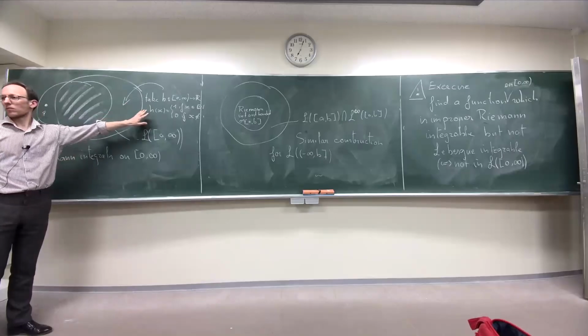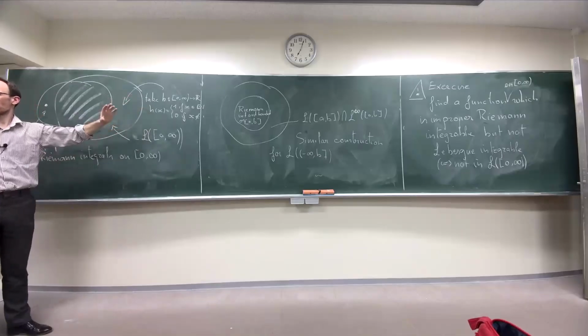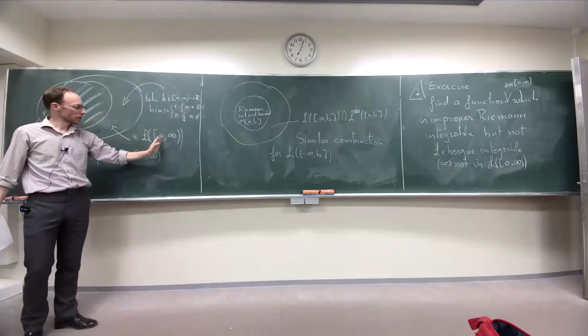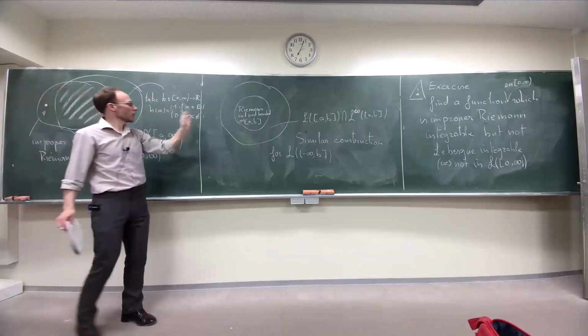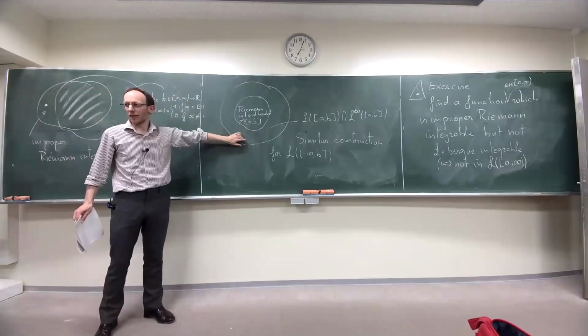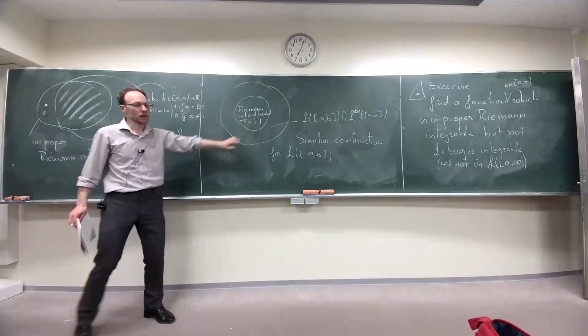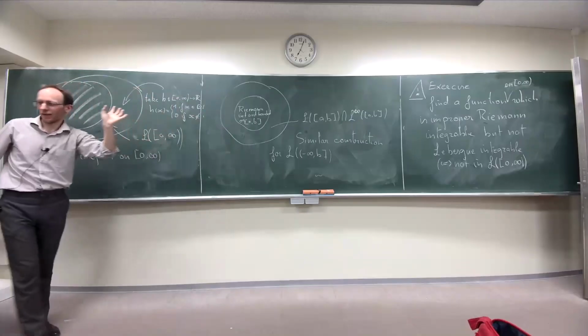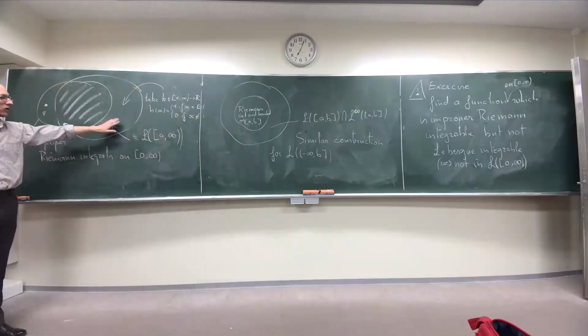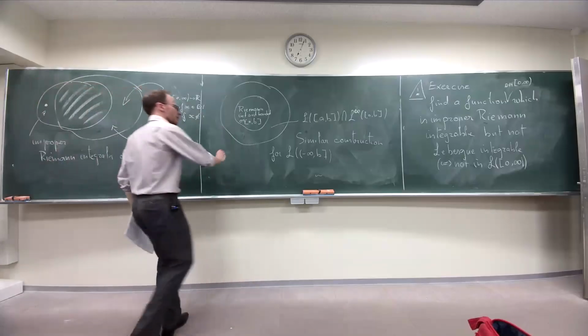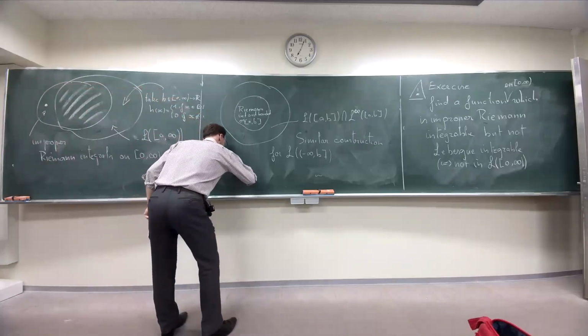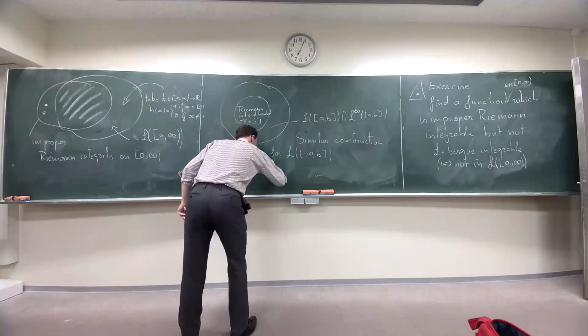No, this one is bounded because it takes only the values 0 and 1, so it's a bounded function. The problem is I consider it on 0 infinity. In fact, if I restrict it to an interval, it's already here. So here I restrict it on the interval 0, 1, or any bounded interval. Here I'm considering it on 0 infinity. That's it. You can do the same thing for minus infinity to B and for L of R, but be careful.